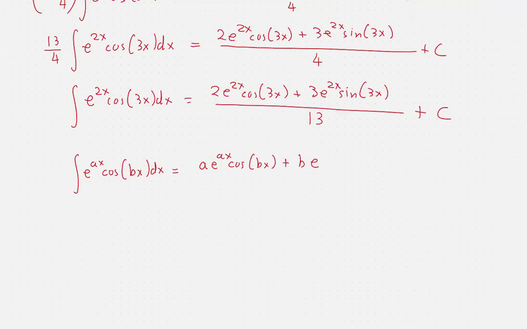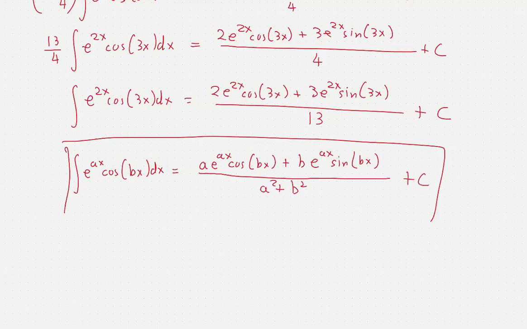And on the denominator, if you notice what we did, 13 is really the sum of the squares of the two numbers. So it's a squared plus b squared plus c. I mean, we don't need to know the general formula, but it's kind of simple to extrapolate from the computation that we did that this is indeed what is going to come out at the very end.